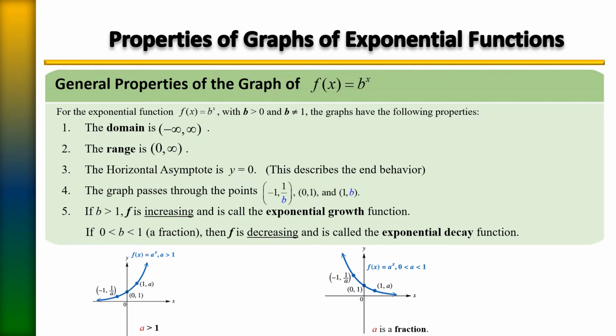Other points on the graph would be (-1, 1/b), where b is the base number, and another point would be (1, b). Those are certain properties or characteristics of the graph of an exponential function.